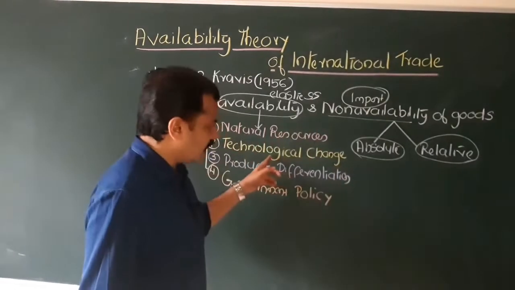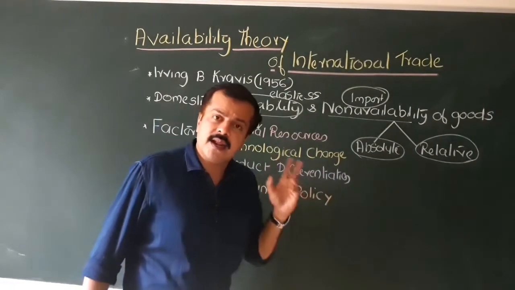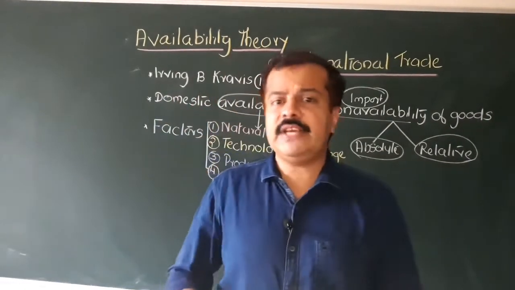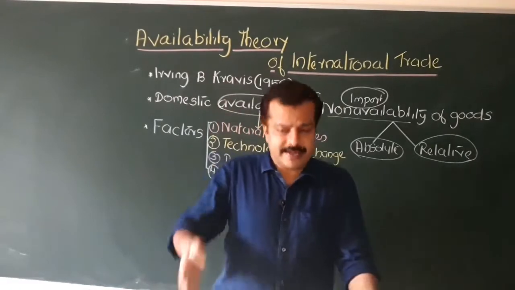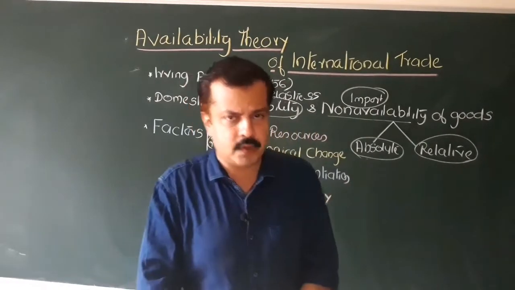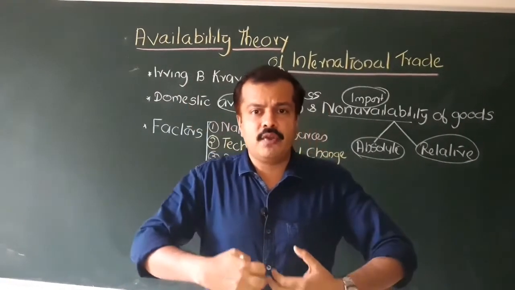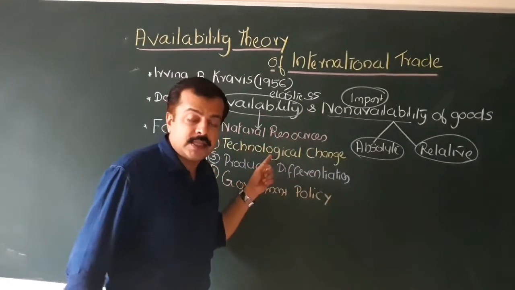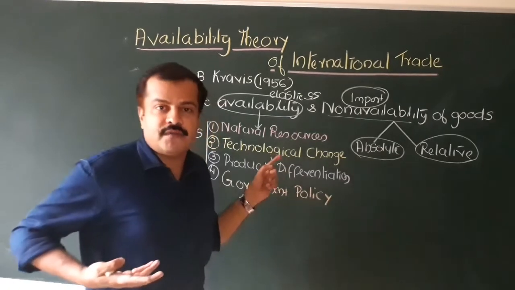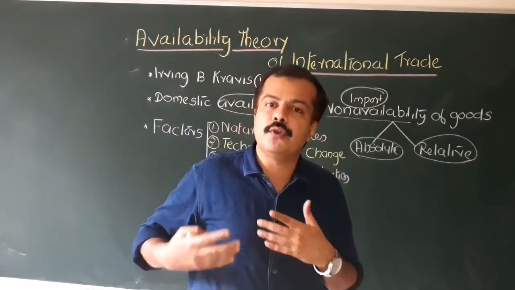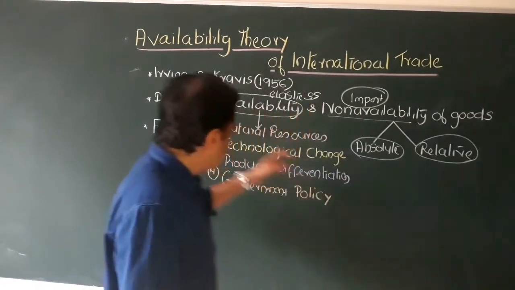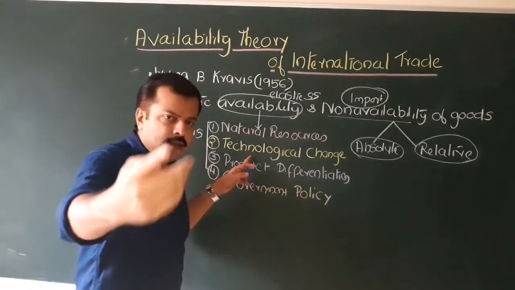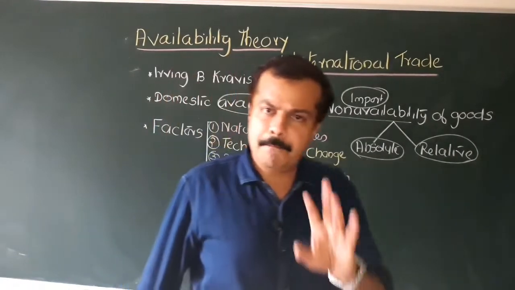But Kravis pointed out that whenever there are technological differences, those countries experiencing technological progress will obviously have greater production, or what he called greater availability of commodities, and these countries will be able to produce larger quantities. That's the second factor, and it will have an influence on the pattern of trade.